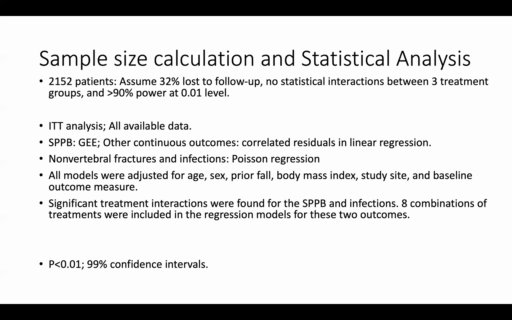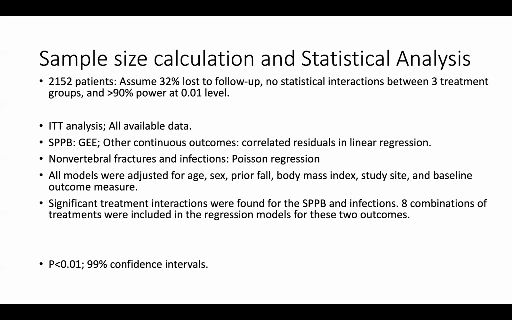Poisson regression was used to model the non-vertebral fractures and infections for their incidence rate ratios. And all models were adjusted for some factors. They also said significant treatment interactions were found for the SPPB and infections, so they included the 8 interaction terms in the regression models for these 2 outcomes, and a significance level of 0.01 was used in this study.